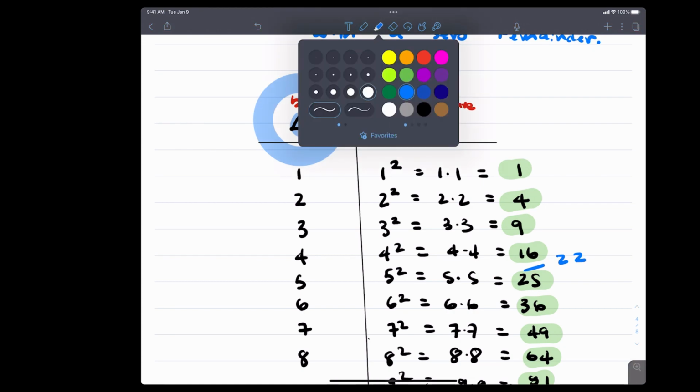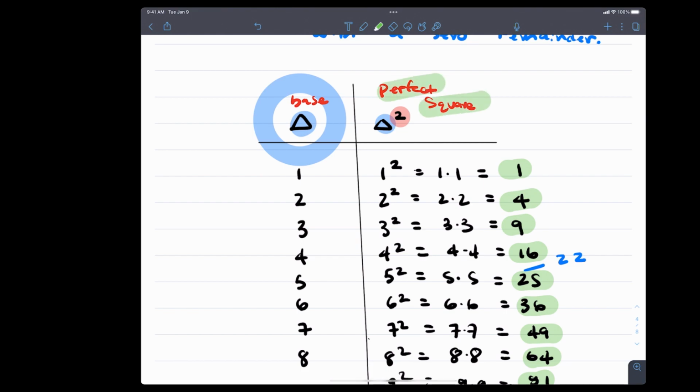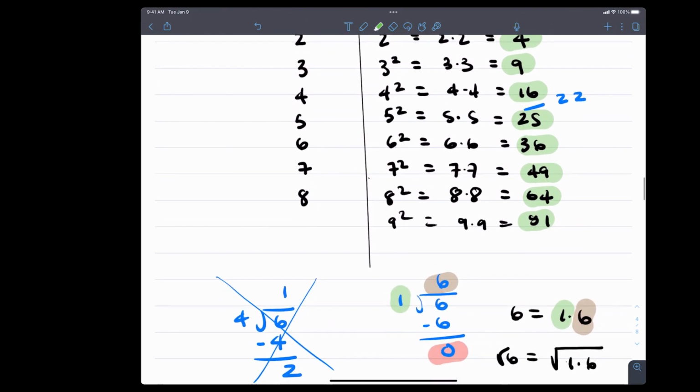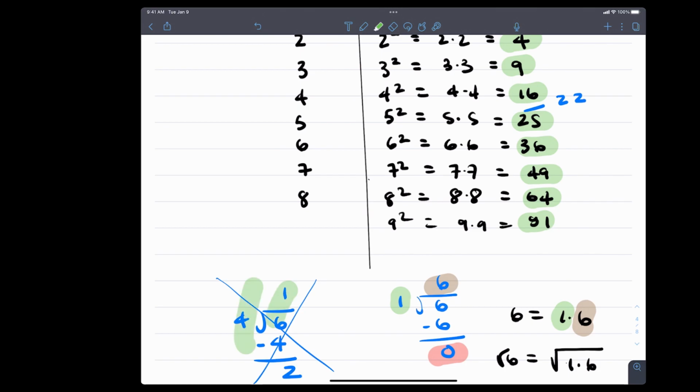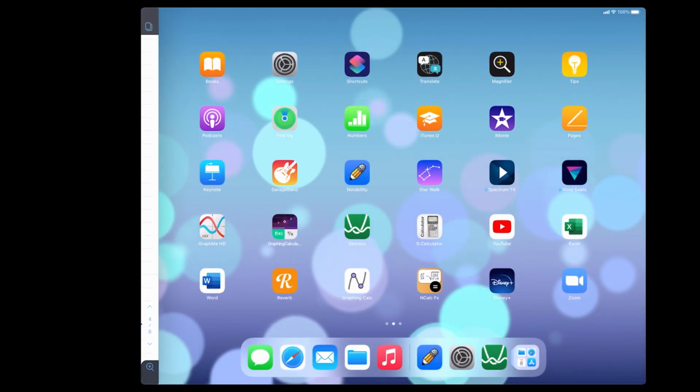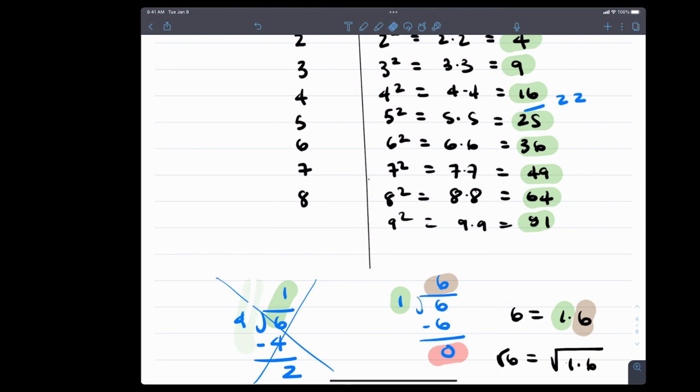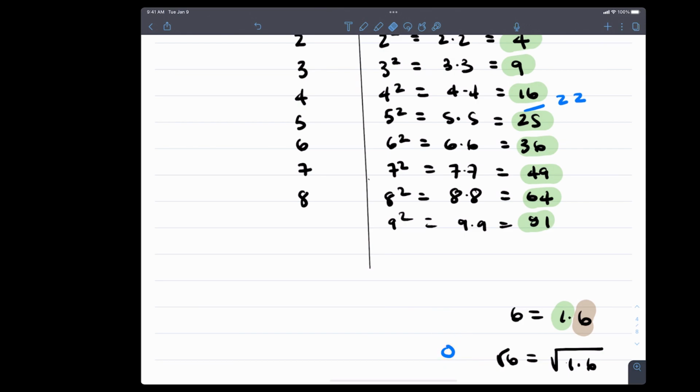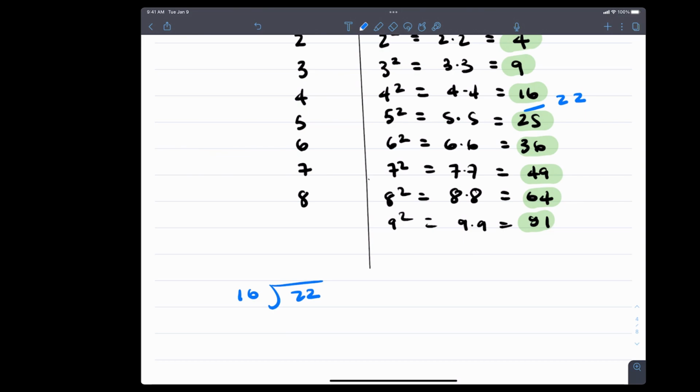The numbers that are in green. So what's the first one you want to check? 16. We're going to check 16. Sixteen goes into 22 how many times? Once. What's 1 times 16? Remainder is 6. It's not 16. So you check this one.